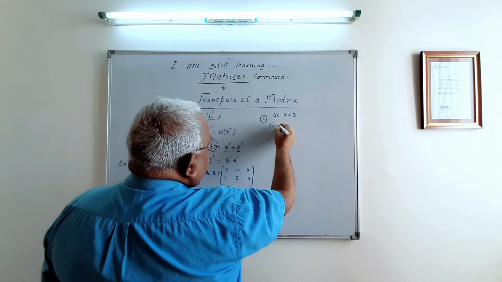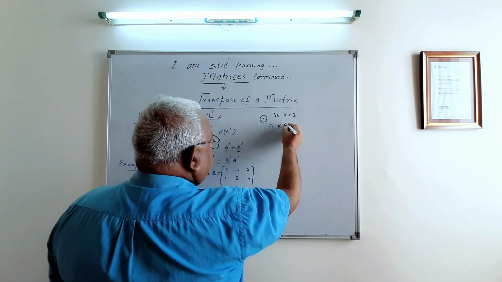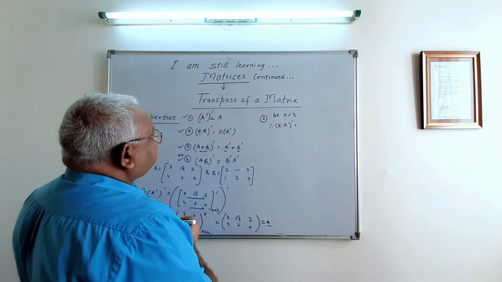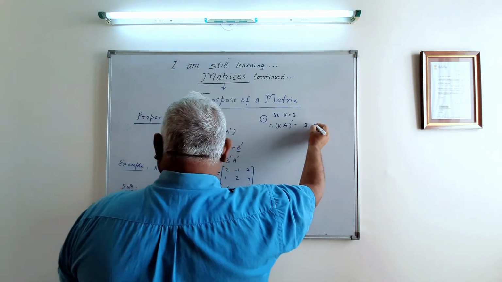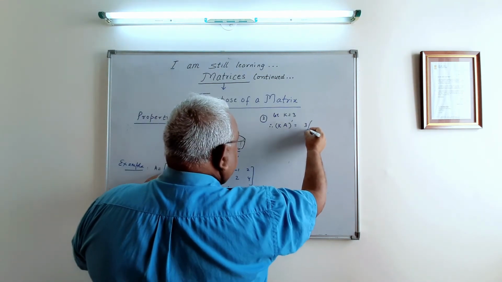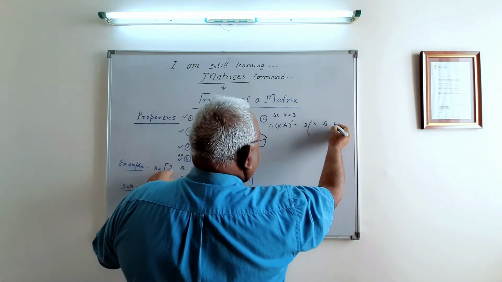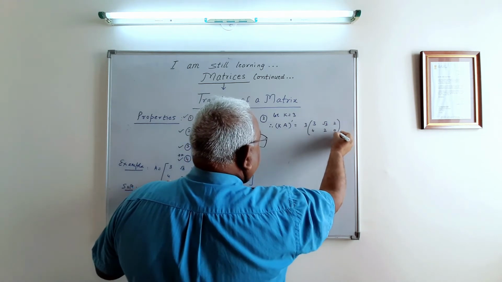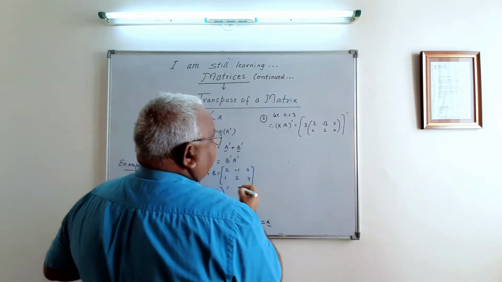Therefore, (KA) transpose will become 3 times A, that is 3 times [3, root 3, 2; 4, 2, 0], and then the transpose.